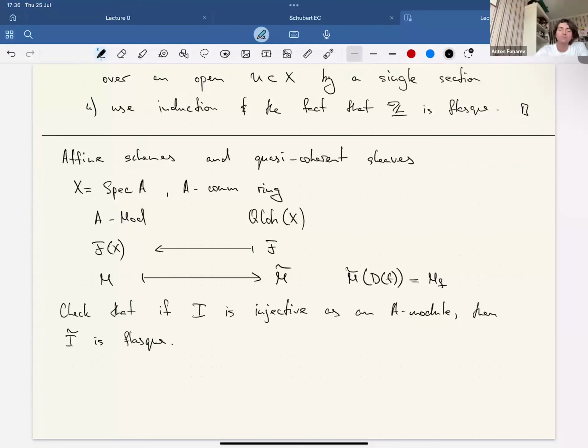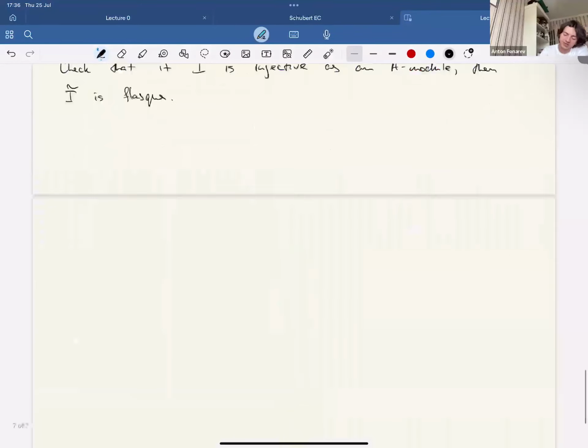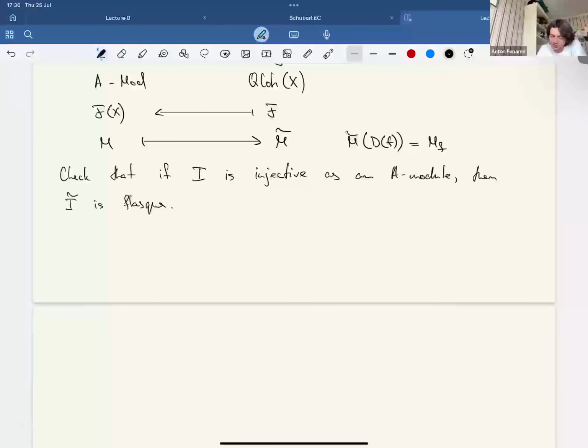So far we have no idea whether these are the same things, but at least you can check immediately that this is flasque. And moreover, we've just produced from any injective module a flasque quasi-coherent sheaf.